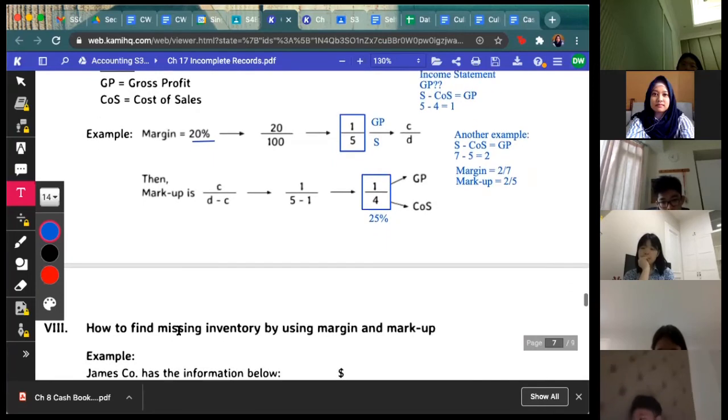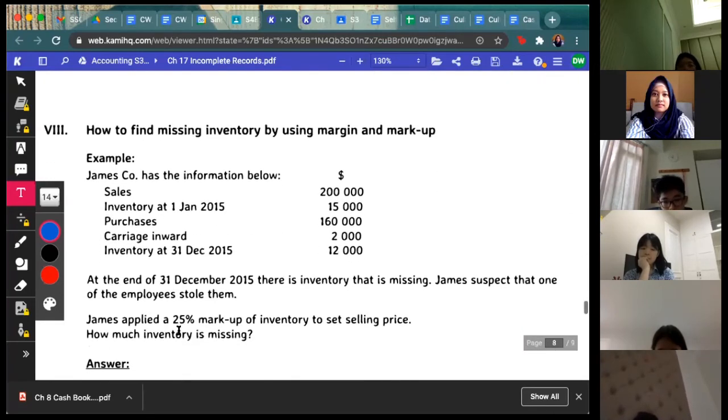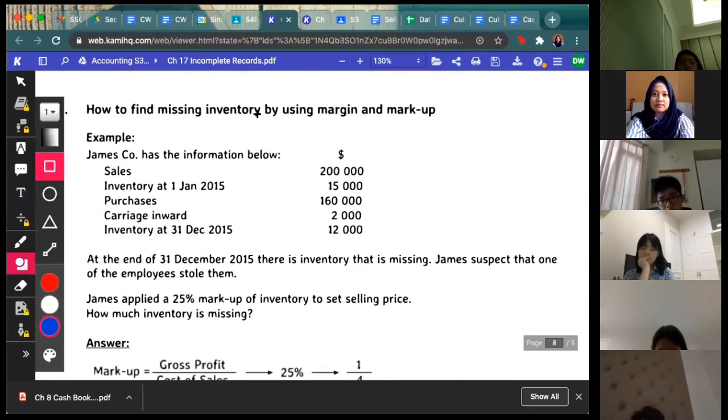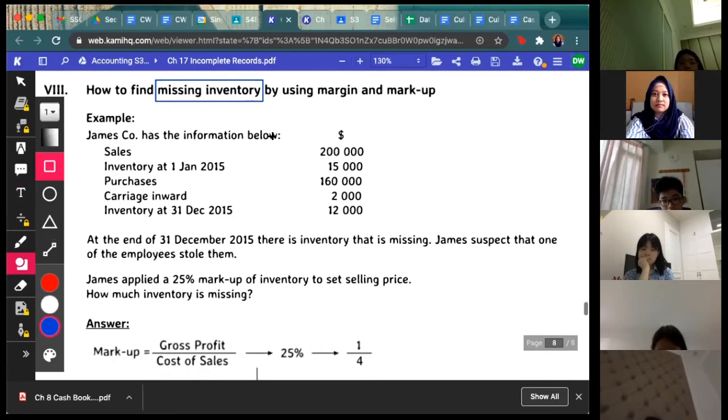It is when you lose inventory. The loss can be caused by anything: fire, theft, flood, or any disaster. If you have missing inventory and you don't know how to find it, you use margin and markup to find it.